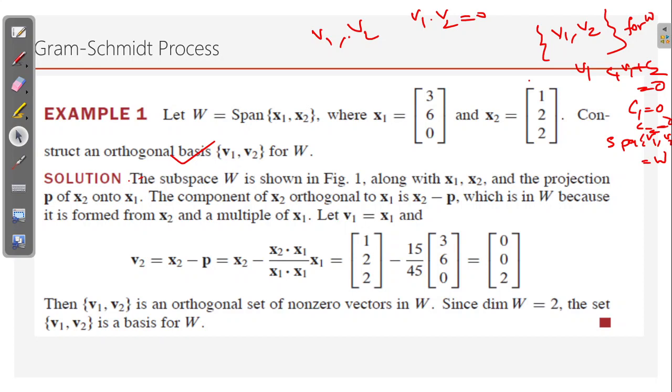We are considering the projection p of the x2 vector onto x1.